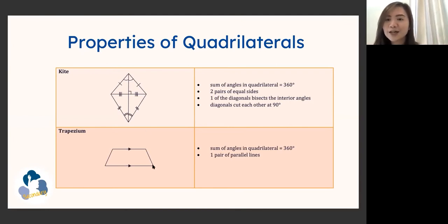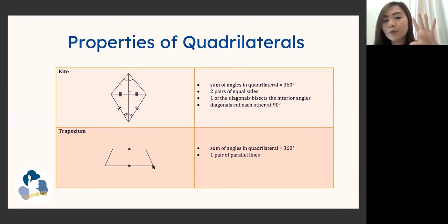A trapezium is identified by a pair of parallel lines. Usually, if the question gives you a trapezium, you have to recall all the angle properties related to a pair of parallel lines.